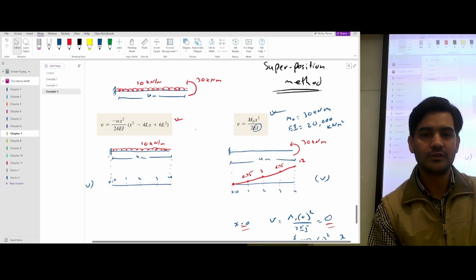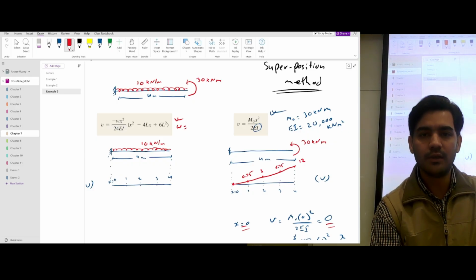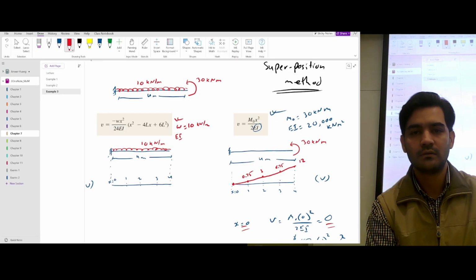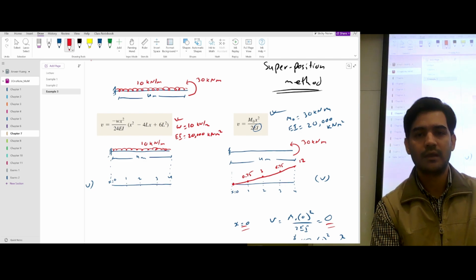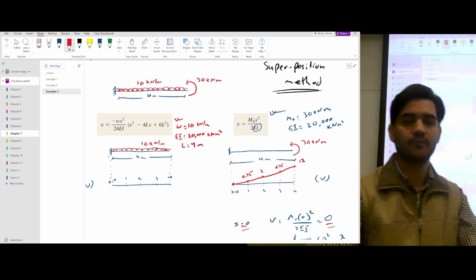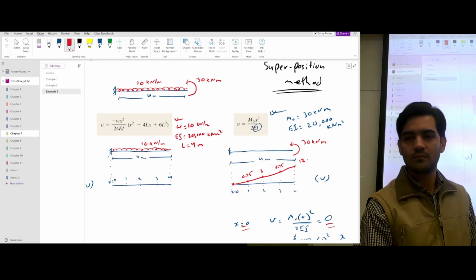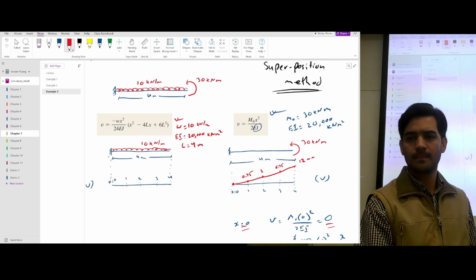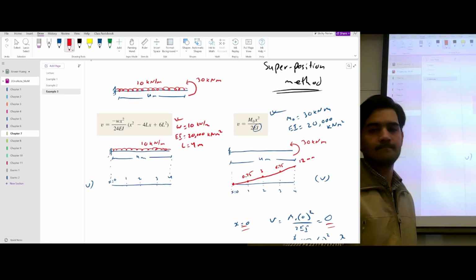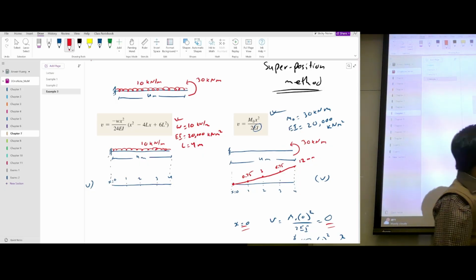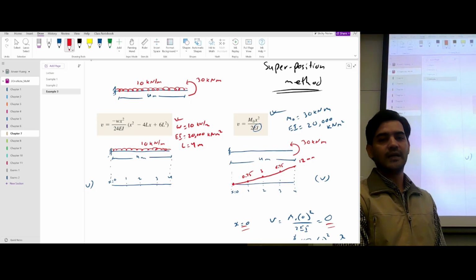In this equation, our W is 10 kilonewton per meter, EI, you already know, is 20,000 kilonewton meter square, and length we know is 4 meter. So you can calculate.